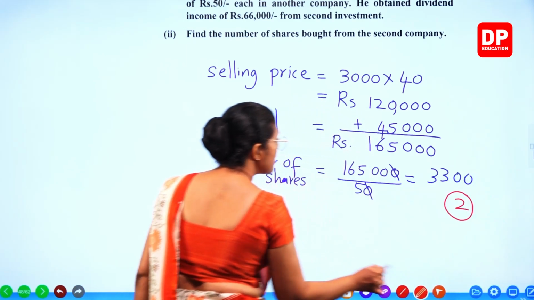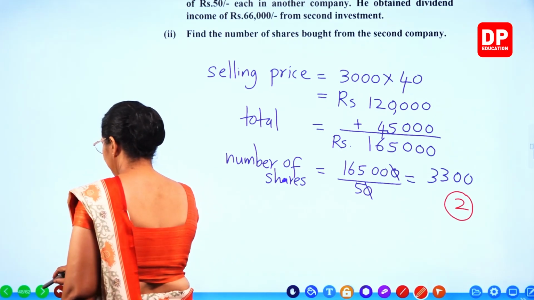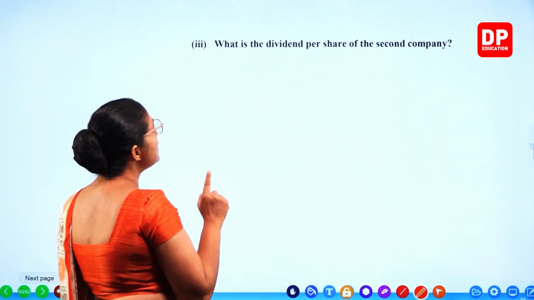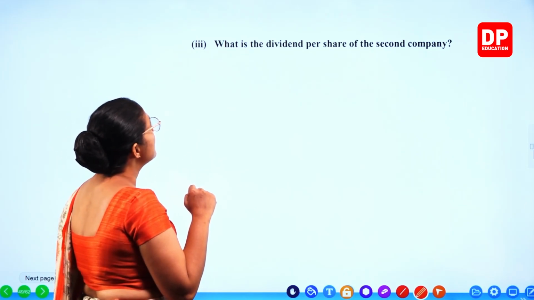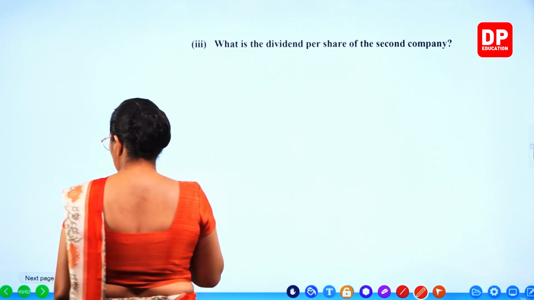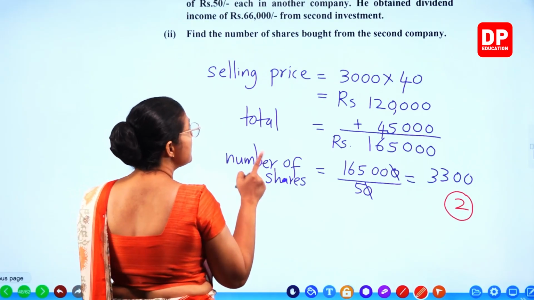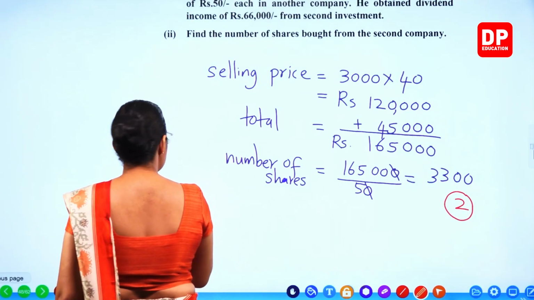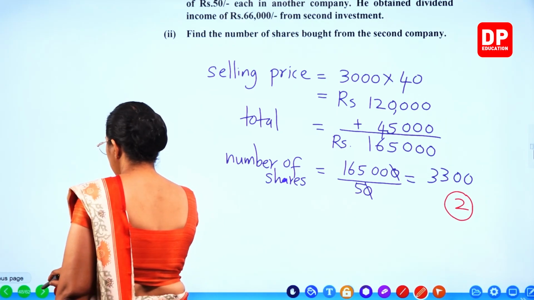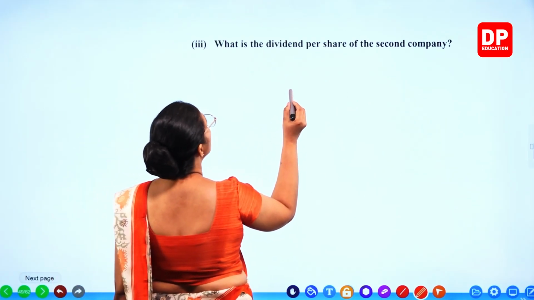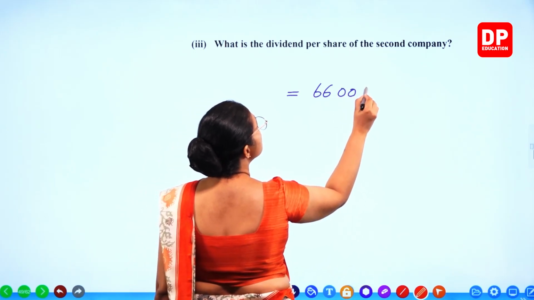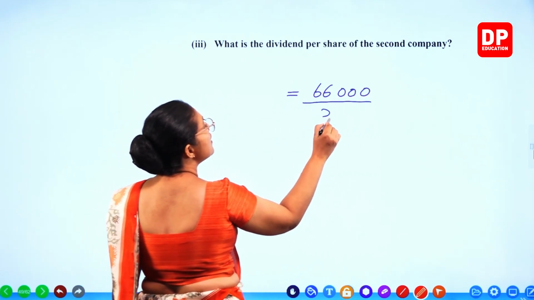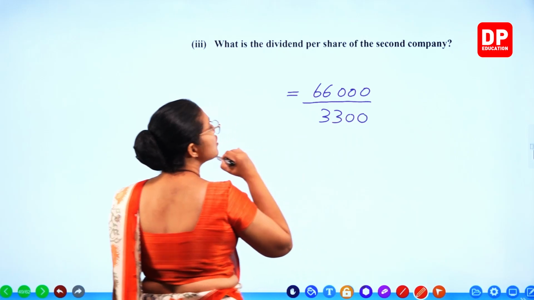And the last part, what is the dividend per share of the second company? The dividend income is 66,000 rupees divided by the number of shares. So 66,000 is the dividend income, 3,300 shares bought.